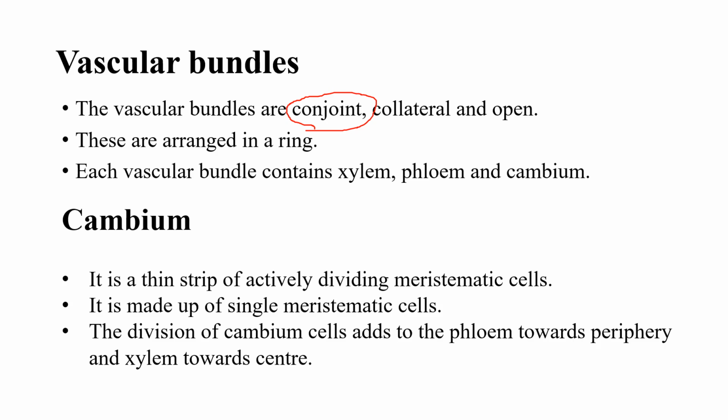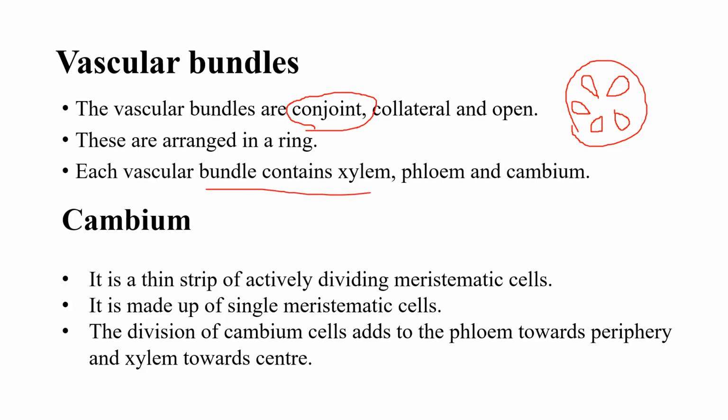The dicot stem is open, that means cambium is present in between xylem and phloem and secondary growth occurs from that cambium. Then these are arranged in a ring. The vascular bundles are arranged in a ring-like manner.